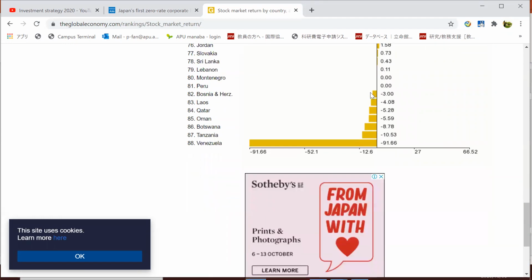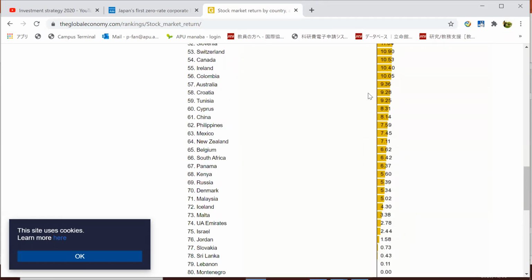Okay, so I think each country has different country rates and different development of the market, so they should have different returns. But anyway, this tells us that if you invest in stock markets, usually you are requiring higher expected return. And this is reflected in the higher realized return in the stock.